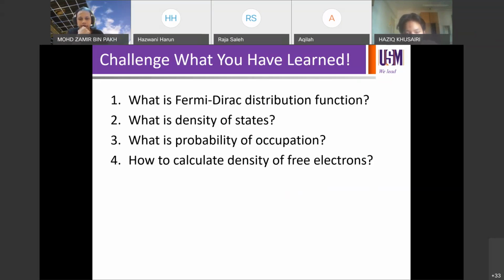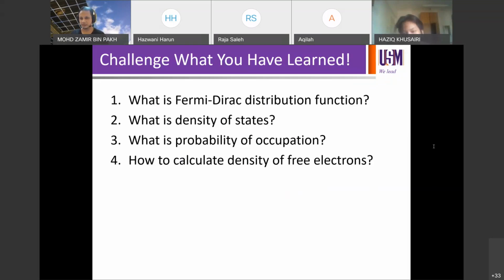Okay, good. Second one, what is density of states? Anyone? How would you define that? Arisha, what is the density of states?